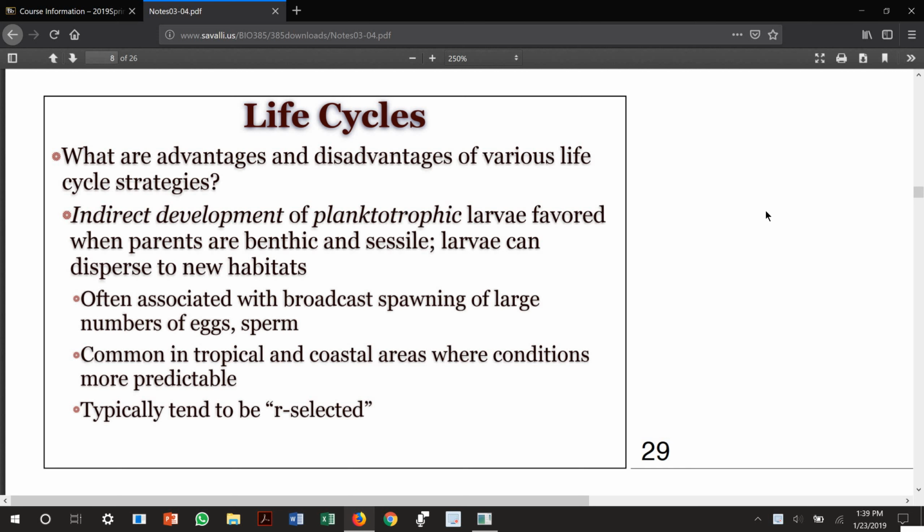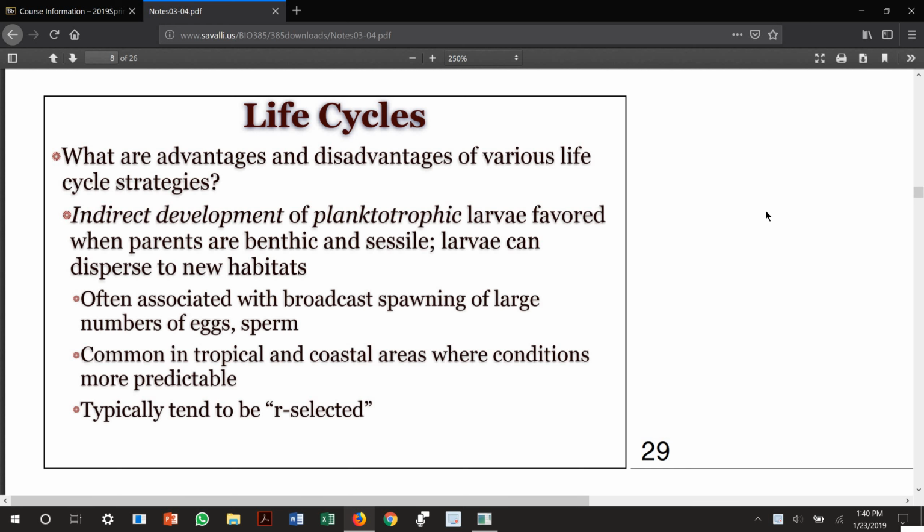So we find indirect development is associated with broadcast spawning. That makes sense. If you're spawning your eggs and your sperm into the environment, those eggs aren't going to be brooded by parents. They're not going to be in an egg case. That means that as soon as that sperm fertilizes that egg, that developing zygote has to more or less be able to function.